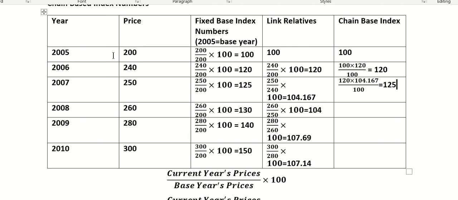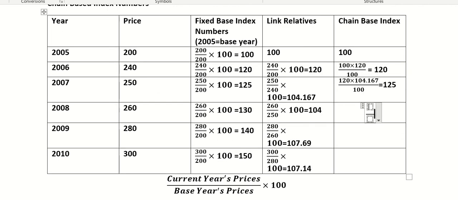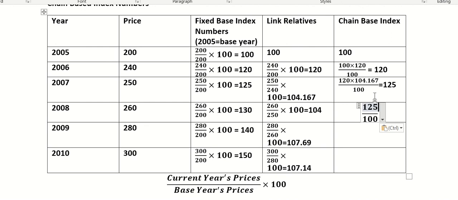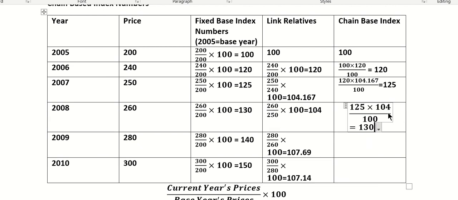Now again we will apply the formula. The denominator would remain 100, and this 125 into this 104, and the answer is 130.